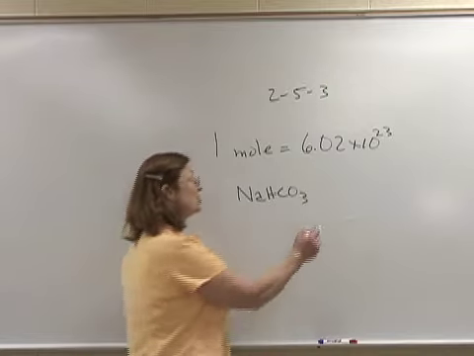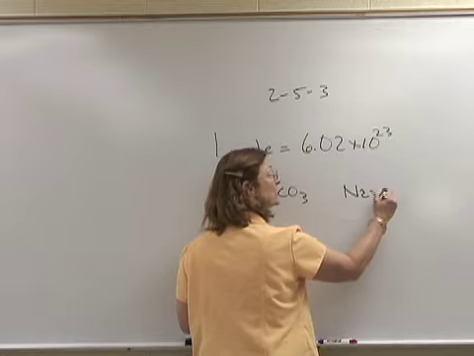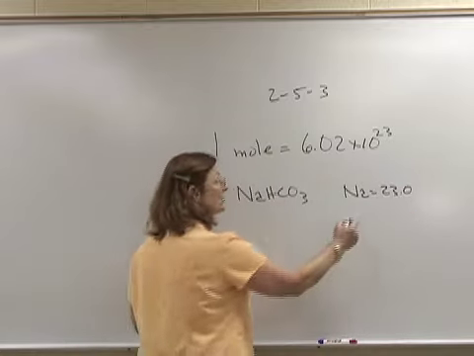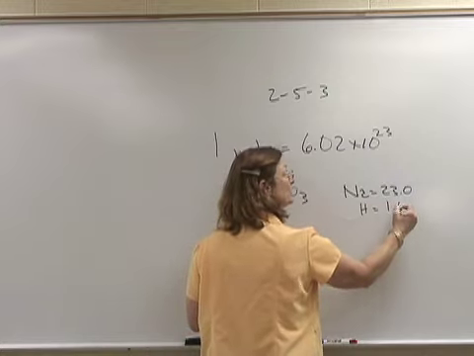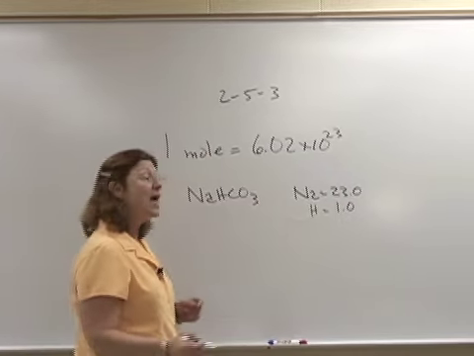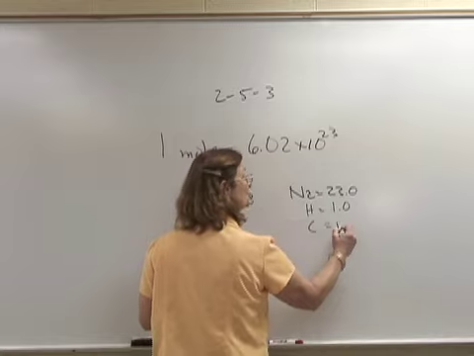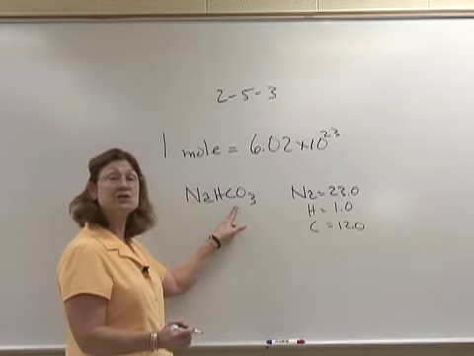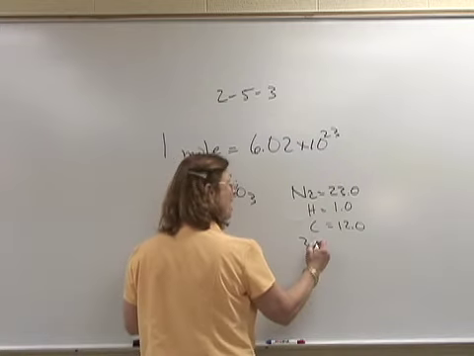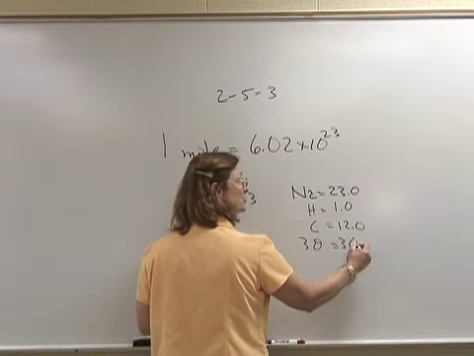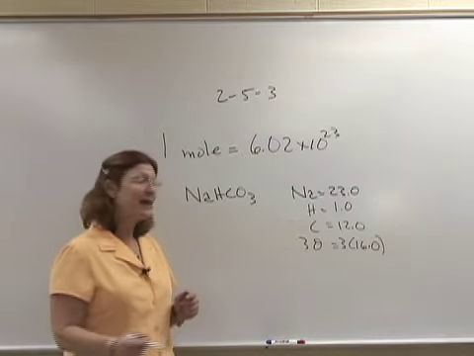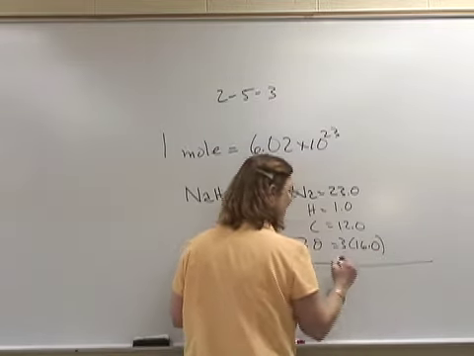Well, I would take sodium from the periodic chart, and it's 23.0 AMU. And hydrogen is equal to 1.0 AMU. And carbon is 12.0 AMU. And I have 3 oxygens. So 3 oxygens, and each oxygen has a mass of 16.0. And I add them all up.